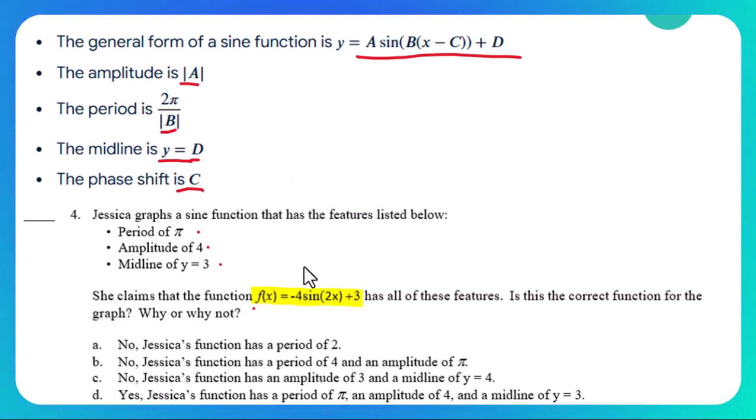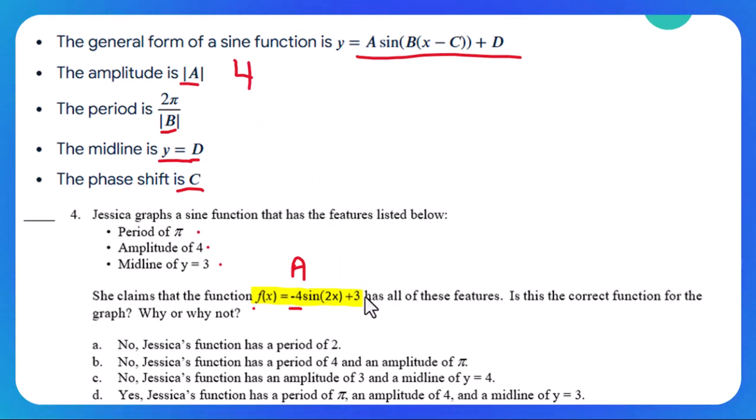Why or why not? So let's start by pulling out a. A is going to be that first number that's being multiplied to the entire sine function. If you don't see a number, it's going to be 1. So a is negative 4, but we want the absolute value of negative 4.